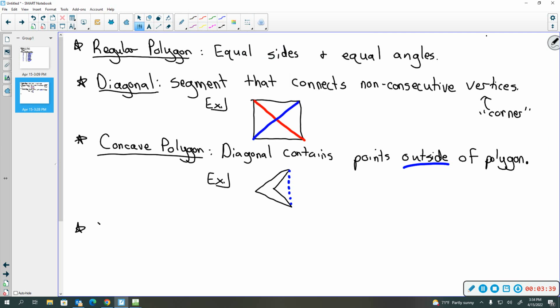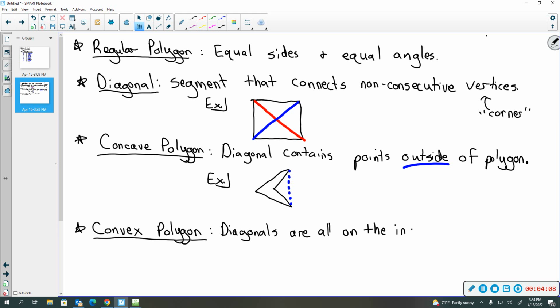Then the opposite of that is something called a convex polygon. This is one where the diagonals are all on the inside, just kind of like this one. There's no diagonals on the outside. So your diagonals are all on the inside of the polygon.